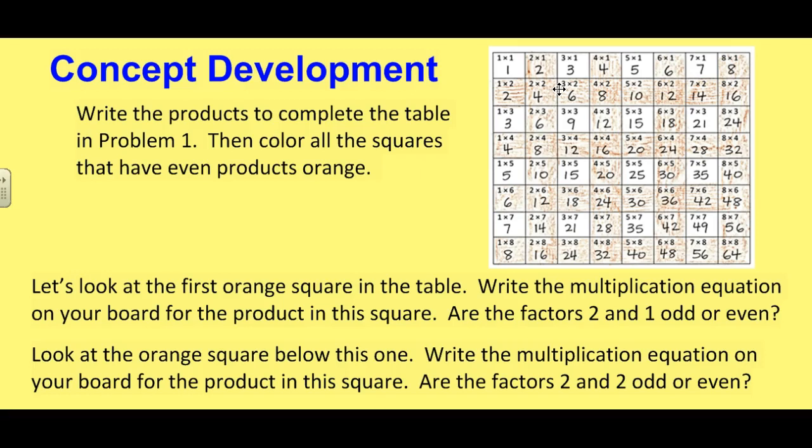Well, 2 is an even number, and 2 is an even number, so that tells me that whenever I multiply 2 even numbers, it's going to be equal to an even number. So we've learned so far that when you multiply an even number and an odd number, it is going to give you an even answer. And when you multiply an even number and an even number, it's going to give you an even answer.